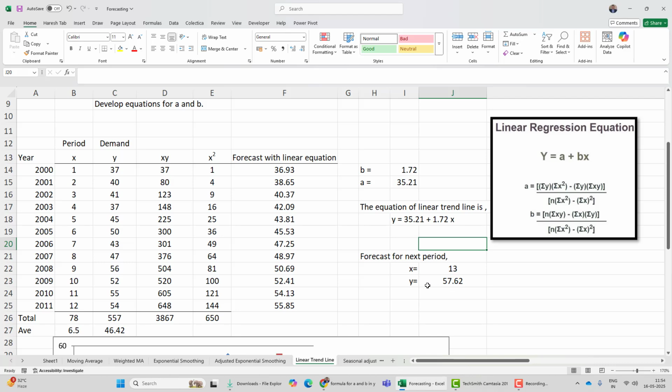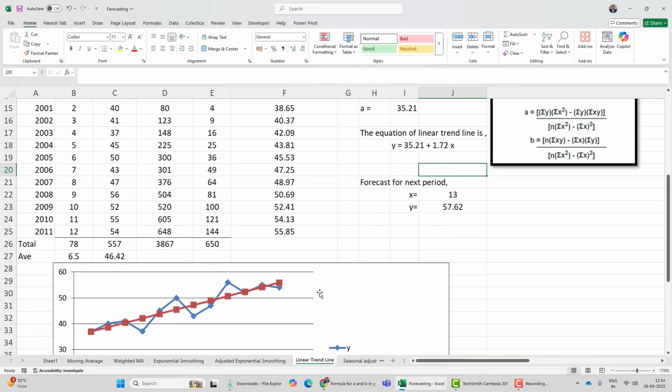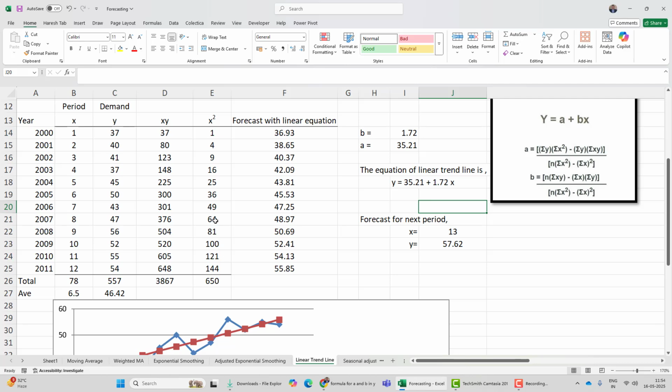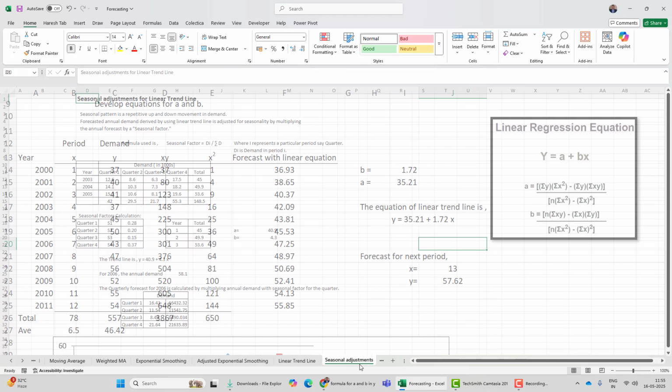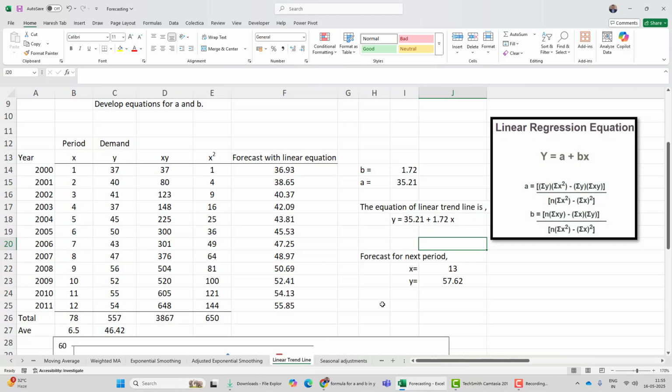It looks like a somewhat bigger example, but sometimes you will have to solve such examples in the exam, and many times this method is required in the next seasonal adjustment question, which we will either do in this video or I will make another video for seasonal adjustment.